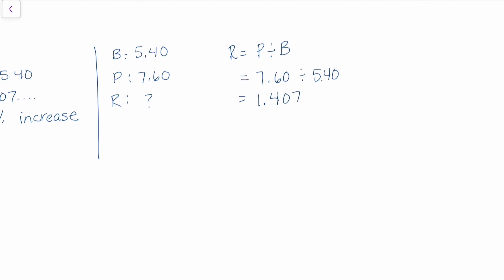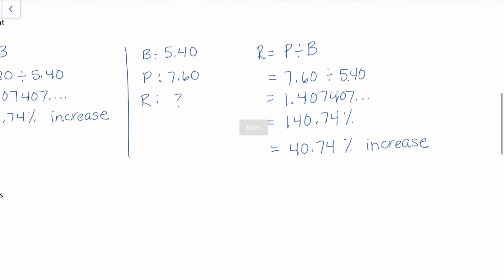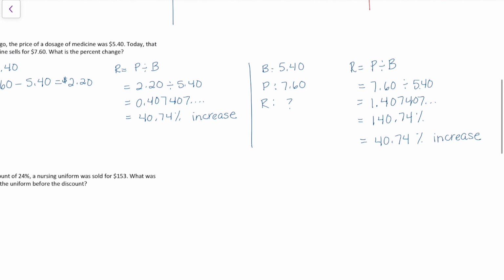I get 1.407407 and so on, or 140.74%. Now, does that mean it increased by 140.74%? No, it means that the new price is 140.74% of the old price, which means it had a 40.74% increase. So again, either way you do it, you will get to the same answer.